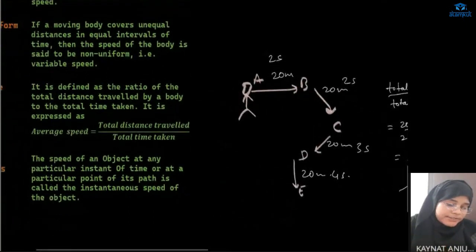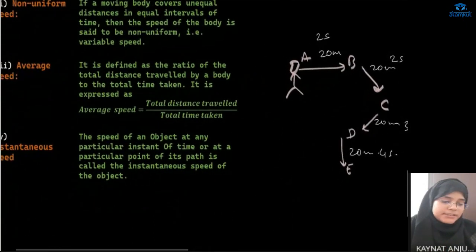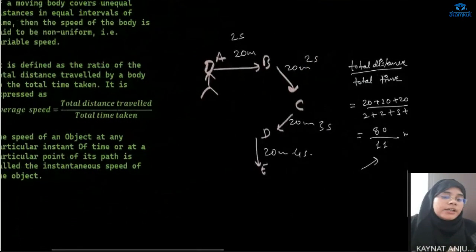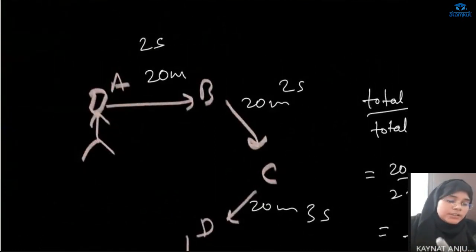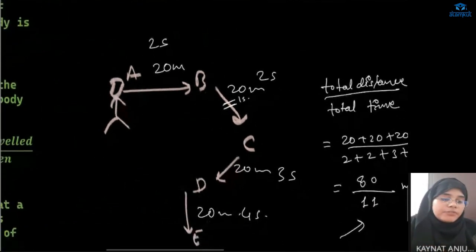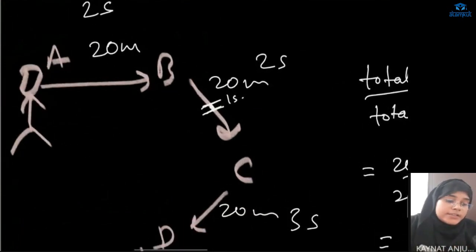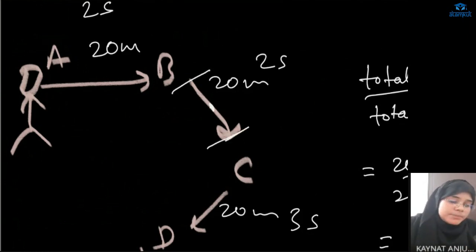Okay, now instantaneous speed. What is instantaneous speed? Instantaneous speed is the speed of the body at a particular instant of time. Like I am saying I want the speed of the body at this 1 second of time. Suppose we are only supposed to find the speed at this instant of time.